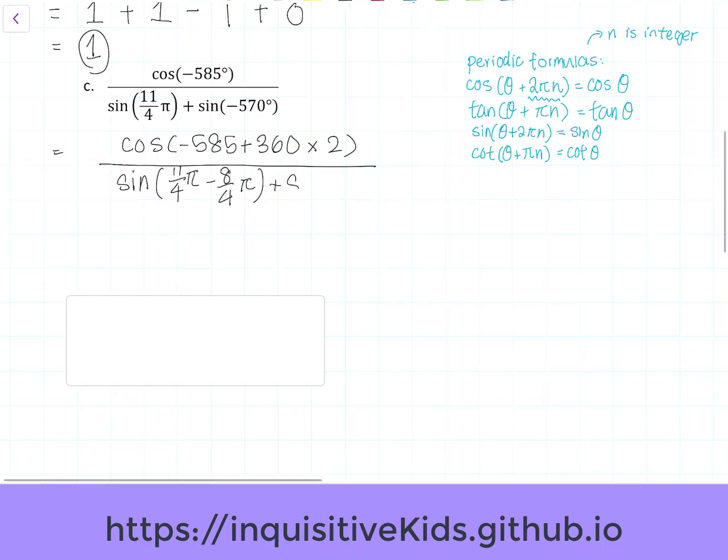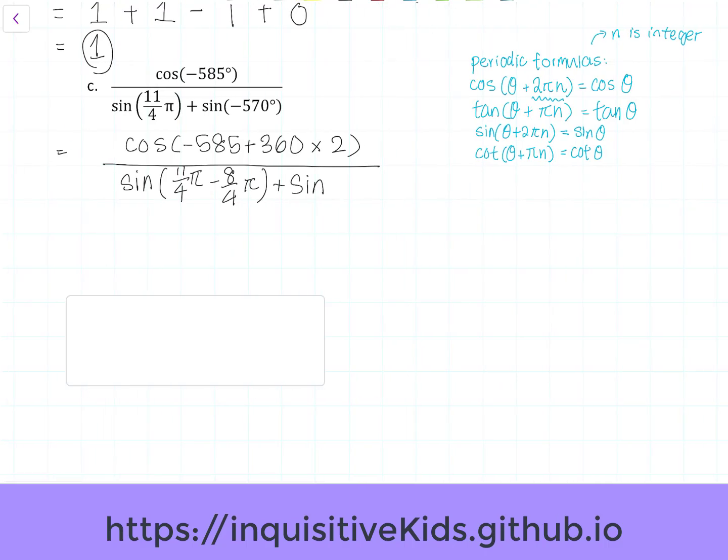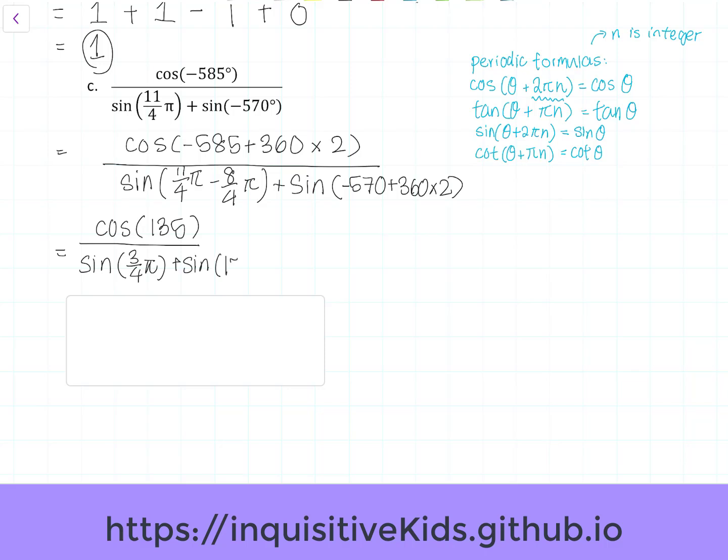Also on the bottom, we have sine of negative 570. And negative 570 can be turned into a positive value by adding on multiples of 360. Now, our expression would be cosine of 135 degrees over sine of 3/4 pi plus sine of 150 degrees.